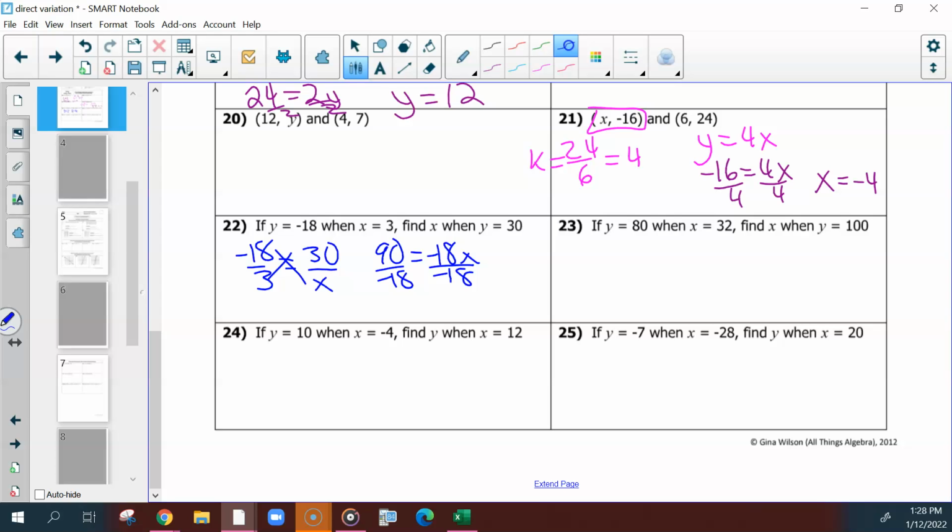Someone do that in their calculator. Negative 5. You could double check. Does my constant k stay the same? Negative 18 over 3 is negative 6. 30 over negative 5 is negative 6. It stayed the same, so it works.